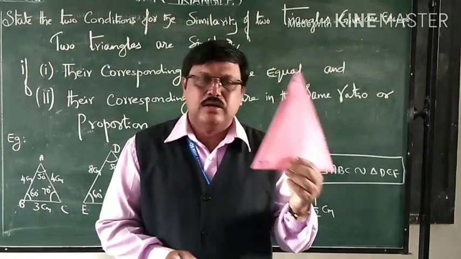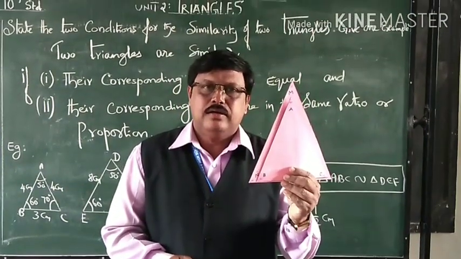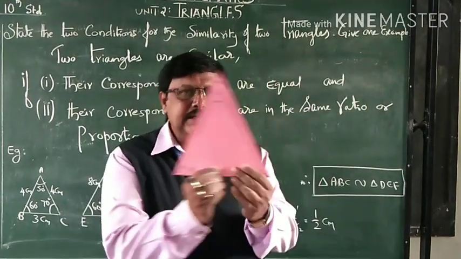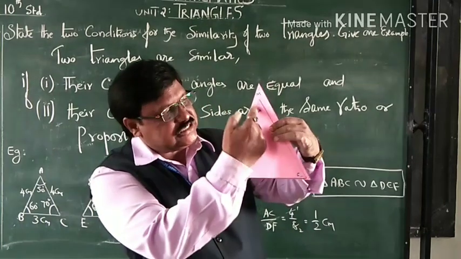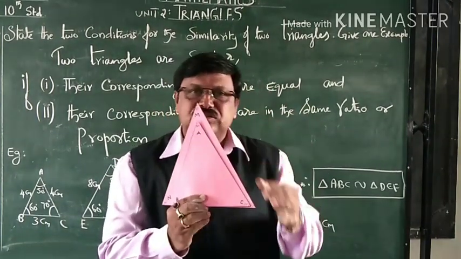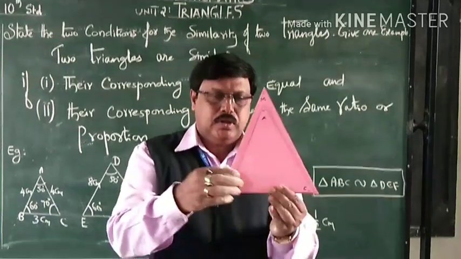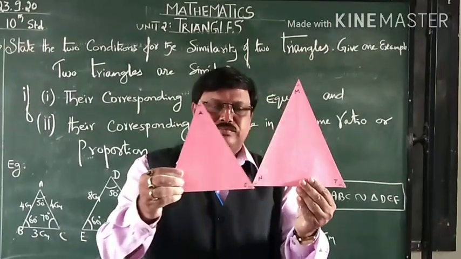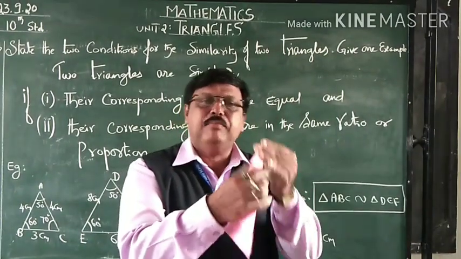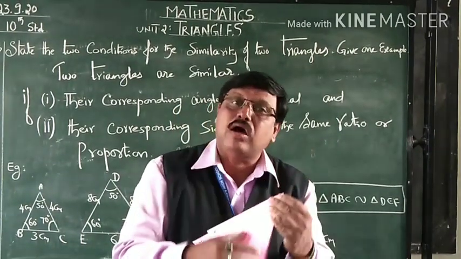Students, you see this one activity. Here, one triangle is smaller. Behind it is the bigger one. I can separate this, but the angles are the same, equiangular.